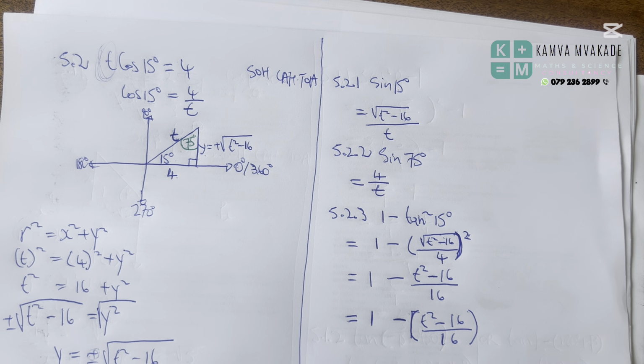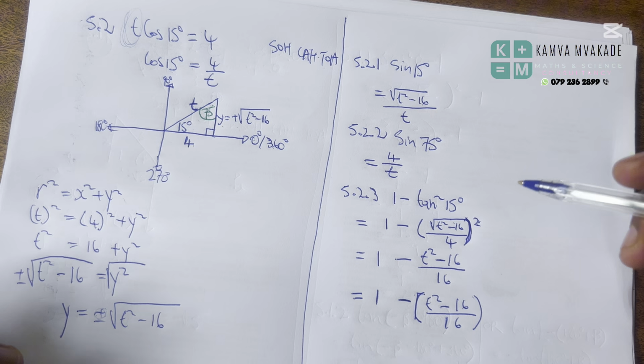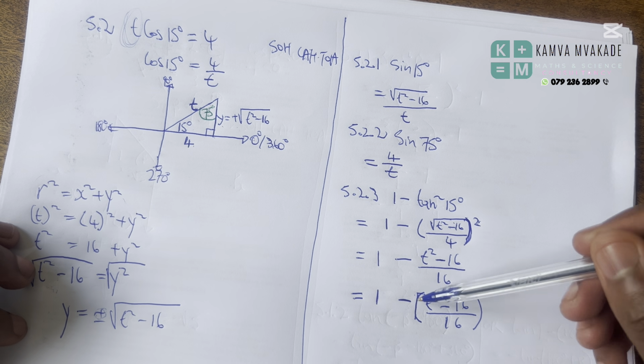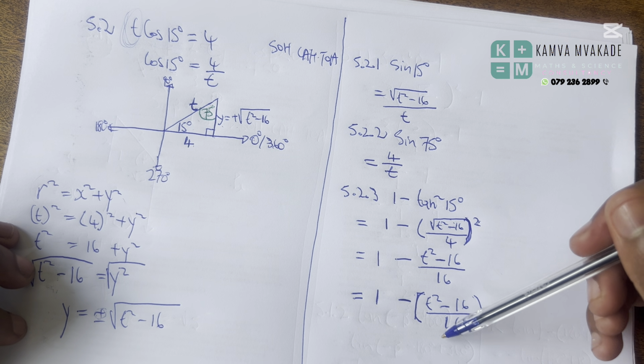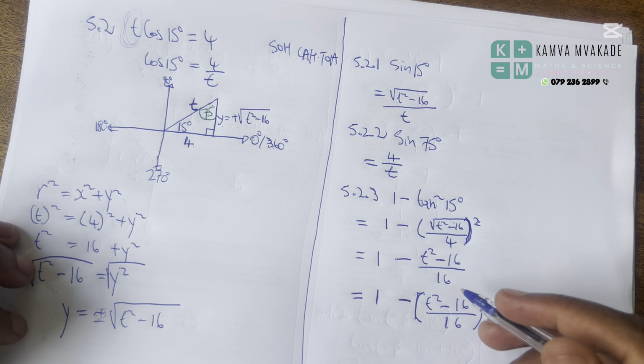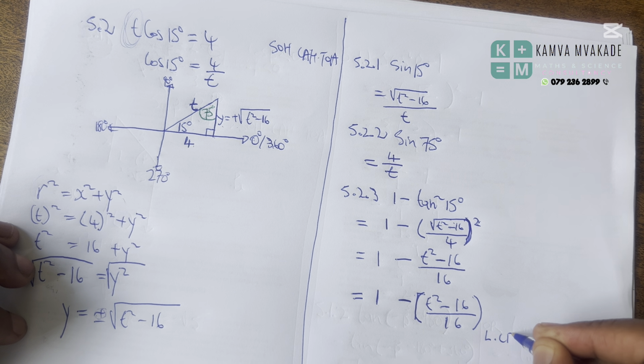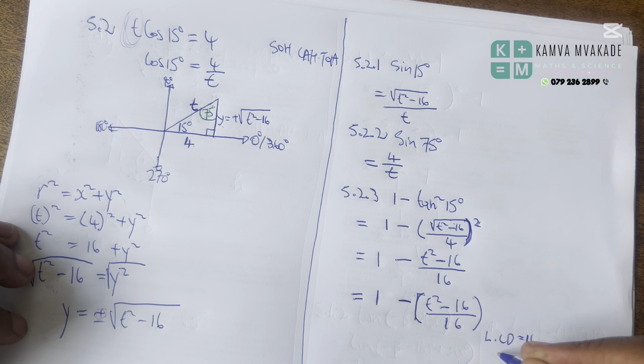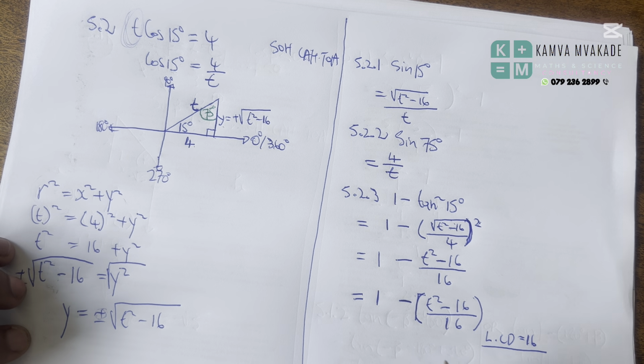Okay, let's just leave it like that. We could use a difference of two squares, but looking at it like this, the LCD here is 16.